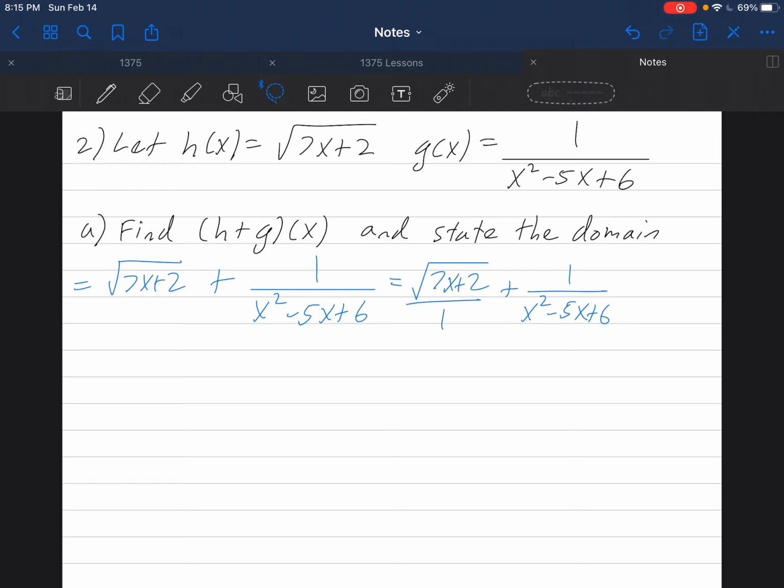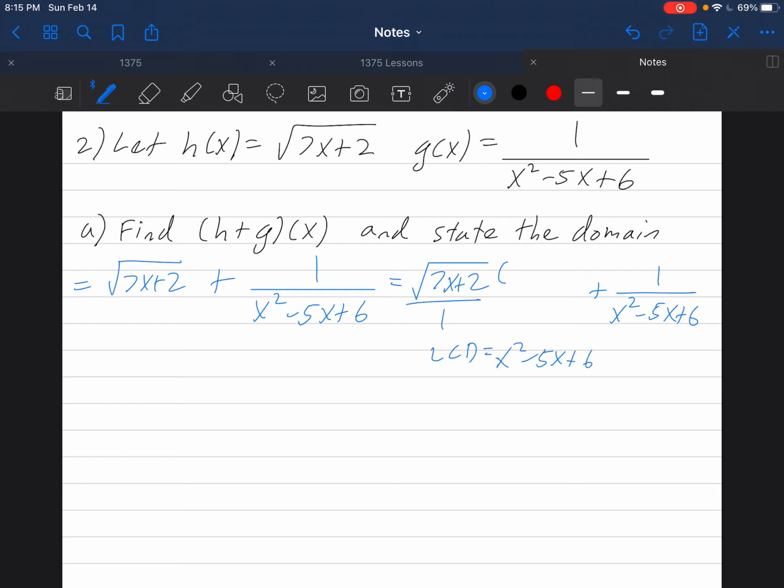Now, since we are adding rational expressions together, then what we do need is a least common denominator, and that LCD is going to equal the only denominator that we have, x squared minus 5x plus 6. So that means we're going to need to multiply that on the top and the bottom of this first fraction in order to make the denominators match.